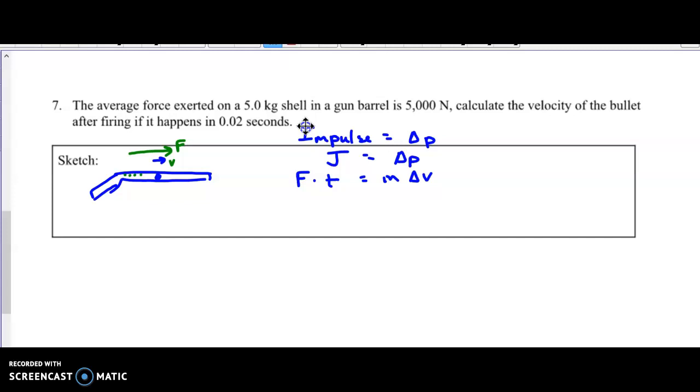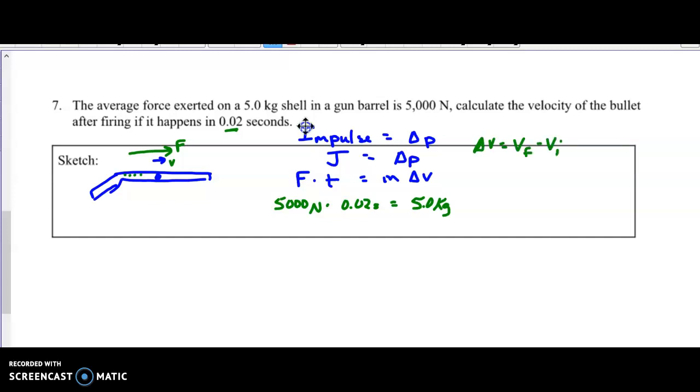So I know that my force is 5,000 newtons times the time, 0.02 seconds, equals, and I also know that this shell is 5 kilograms. This is a large shell. And I want to figure out what the change in V is. The change in V is always the velocity final minus the velocity initial.